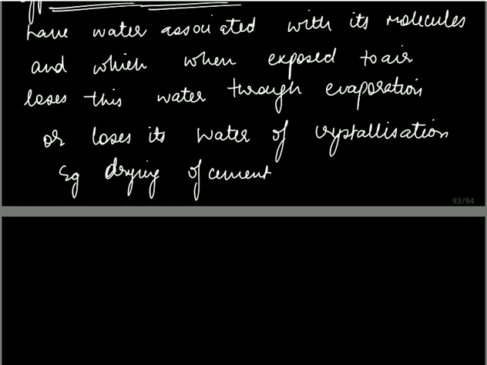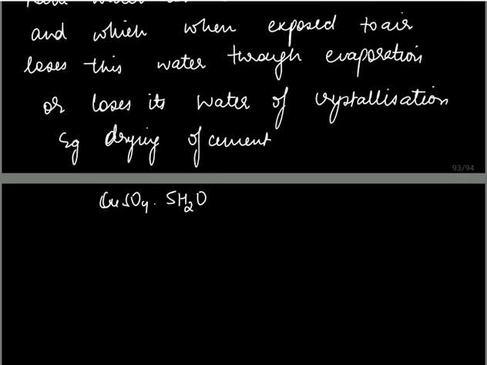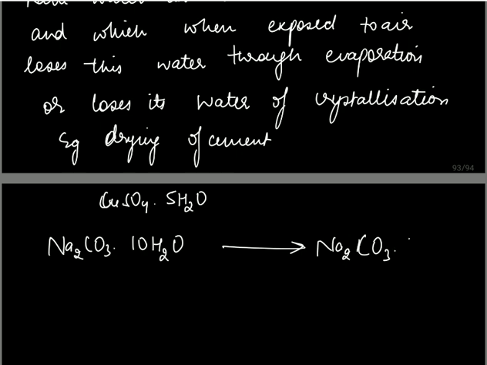So we have blue vitriol, even that can lose its water of crystallization. We have washing soda, Na2CO3 dot 10H2O. If we try to heat it, the maximum it can lose is 9 molecules of water. So this is the maximum.